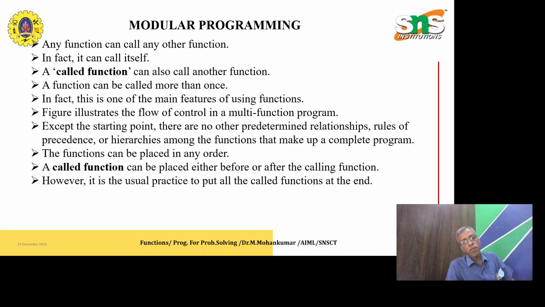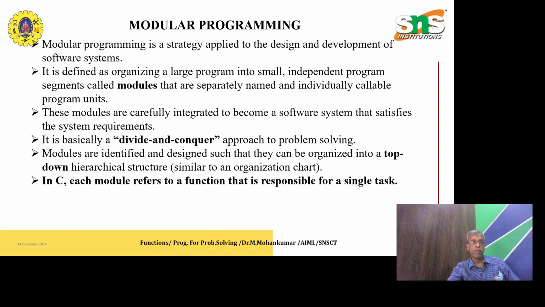The functions can be placed in any order. A called function can be placed either before or after the calling function. It is up to the programmer. However, it is a useful practice to put all the called functions at the end. So we have to keep it in our mind: all the called functions will be at the end of the program.